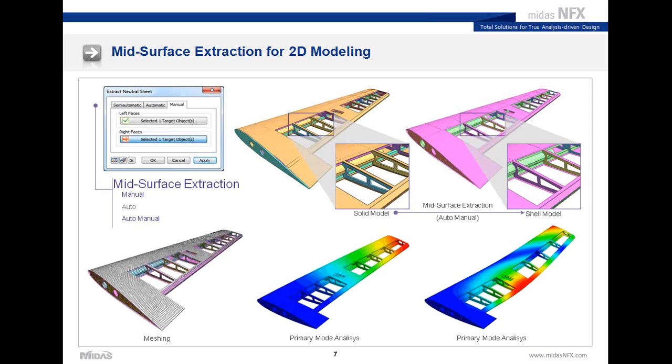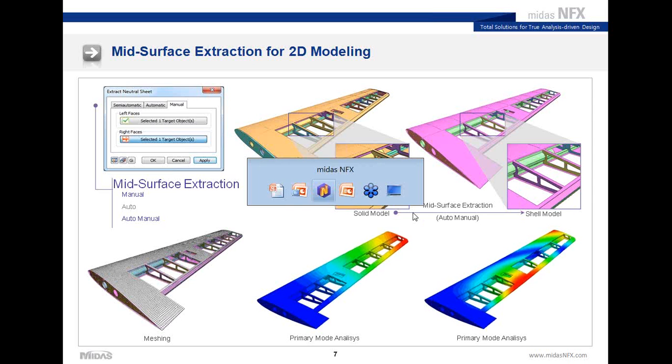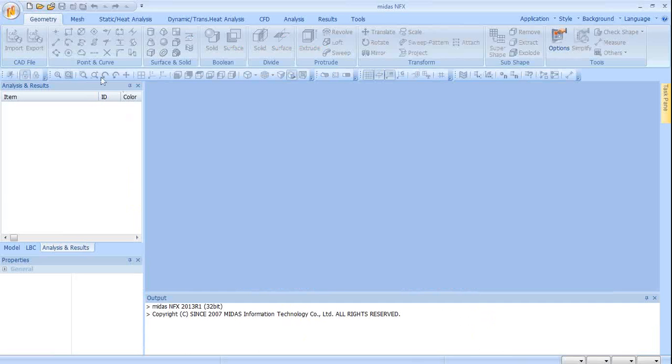So just let us go down to the program again and let's see how the geometry handling works. Let's start by opening a new file. We are using the analyst mode right now. Another thing I'd like to point out is that we cannot create geometry using the designer mode.